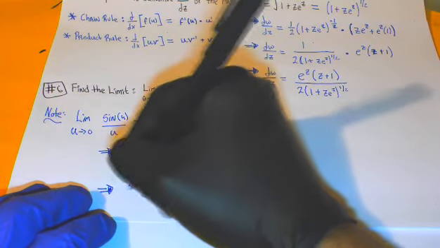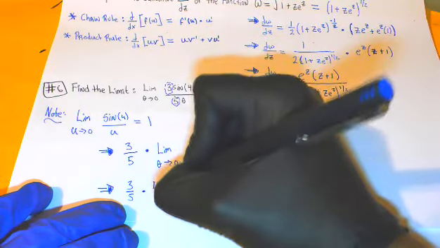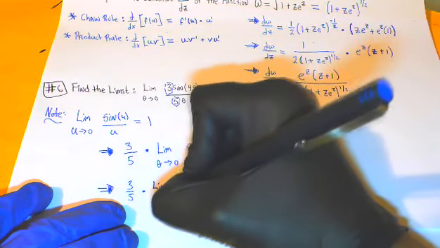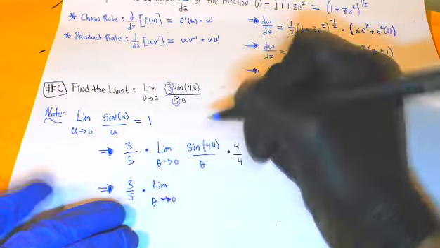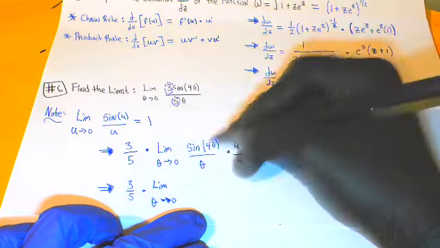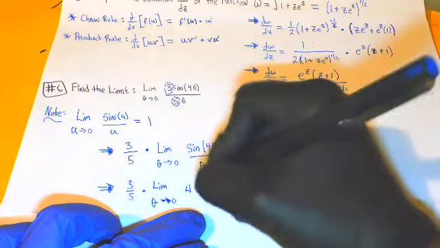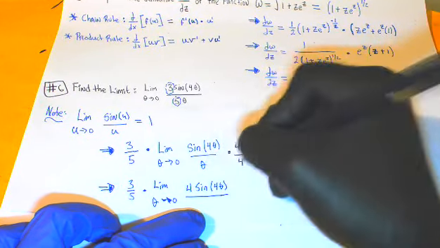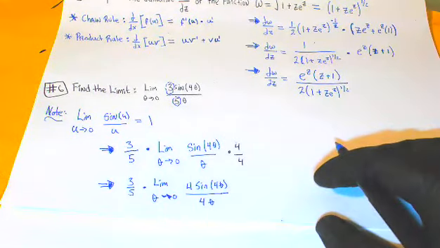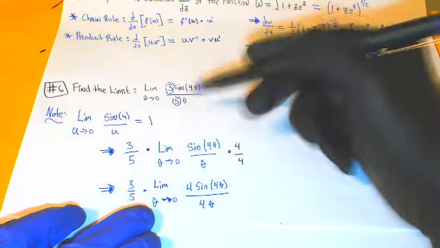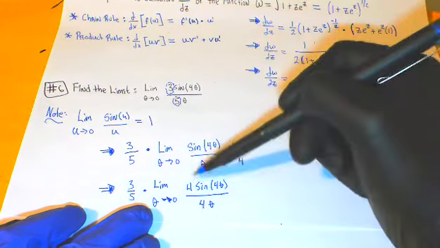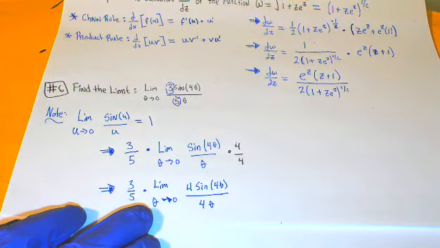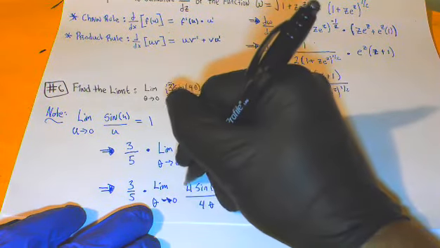We'll have 3 over 5 times the limit as theta approaches 0. Now in my numerator, I'll have 4 times sine of 4 theta over theta times 4, which I can rewrite as 4 theta. Now lastly, in order for me to use my special limit, I can pull the 4 out that's located in the numerator.